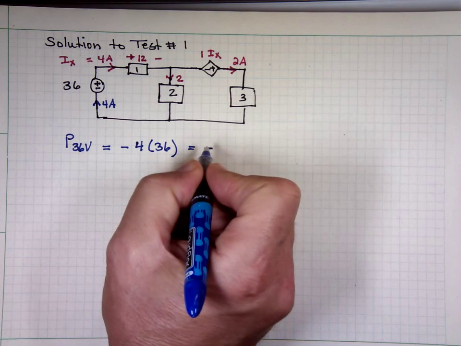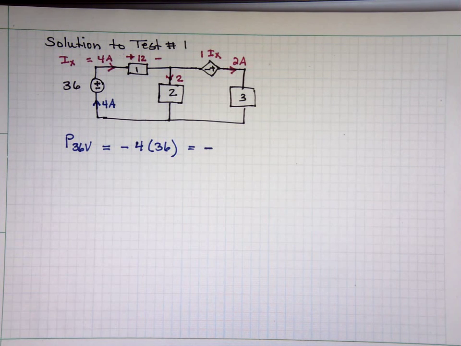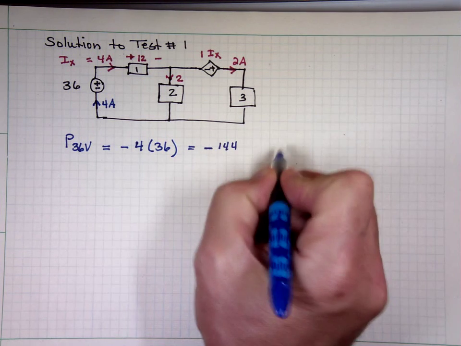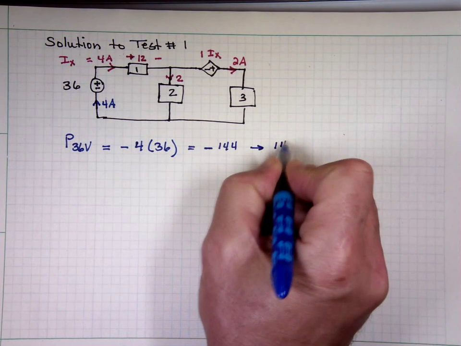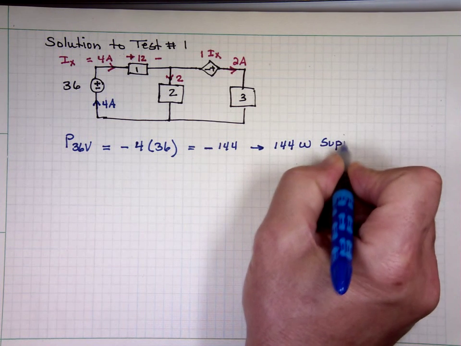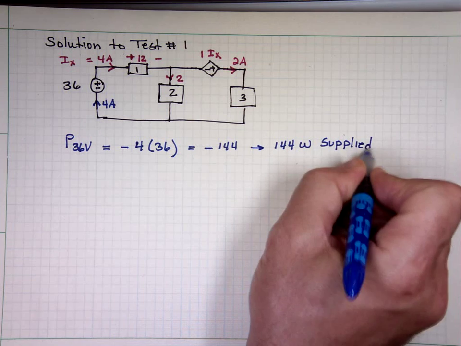That's negative what? 144, yeah. 36 times 4 is 144. So this is actually 144 watts supplied. Minus means supplied. Plus means taken, absorbed.